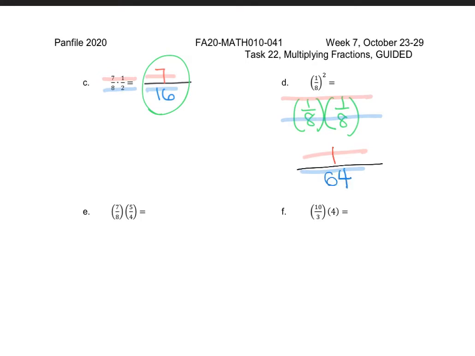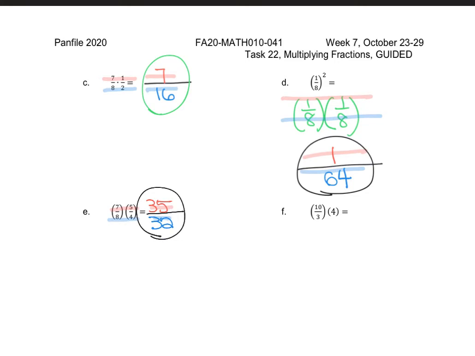I can't simplify, so I'm done. I multiply the top. I multiply the bottom. I get 35 over 32. I can't simplify, and I'm done.